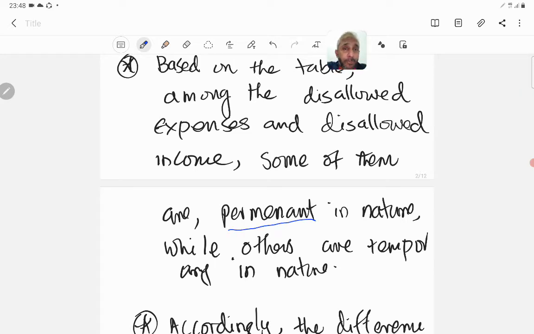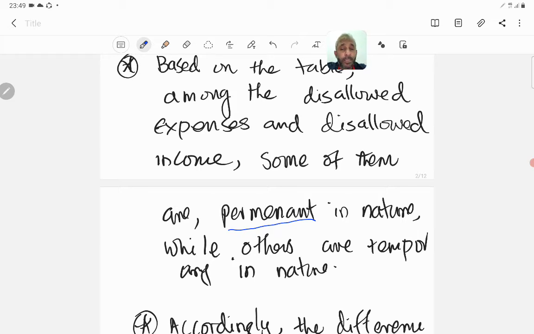What I mean by permanent in nature is that once you subtract or disallow, the tax department says we will not accept, and they are not going to accept at any time. Throughout the entire life of the business, that will not be reversed or re-accepted. These types of items are known as permanent items. Because of that, there is a difference. This difference we call permanent difference.